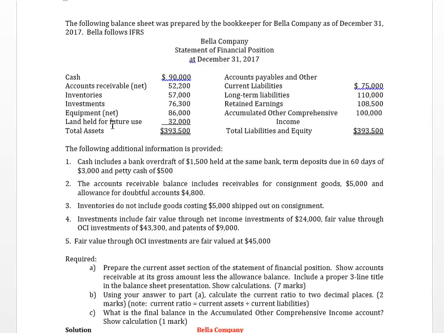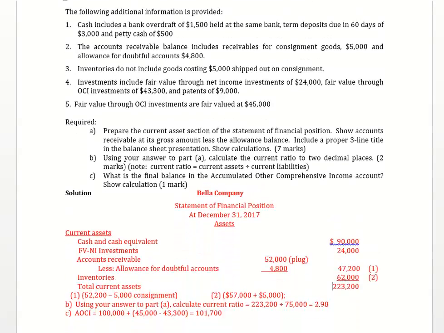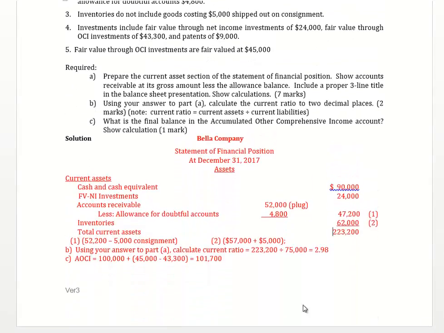It's being held for future use. That use hasn't been determined. So therefore, it's a long-term investment. But in either case, it's not a current asset. So therefore, we wouldn't include it in our current asset balance. So we wind up again with $223,200, and when we divide it by $75,000, which is the account balance for our current liabilities, that's going to give us 2.98.